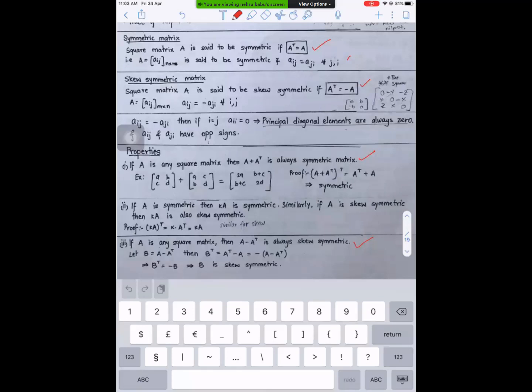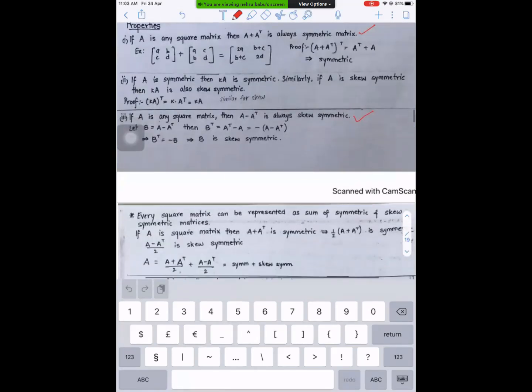From this only you can say, same like in functions, f of x plus f of minus x is always an even function, f of x minus f of minus x is always an odd function. So same way here also you'll get this. From this you can say every square matrix can be represented as a sum of symmetric and skew symmetric matrices. This proof comes with the help of this point only.